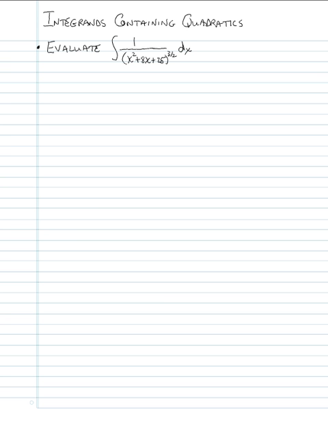Of course, 3 halves means we have a square root involved. Now, because we have all positives, the only thing that we could hope for, let's make a note of this, is to have something of the form a squared plus u squared, or vice versa.